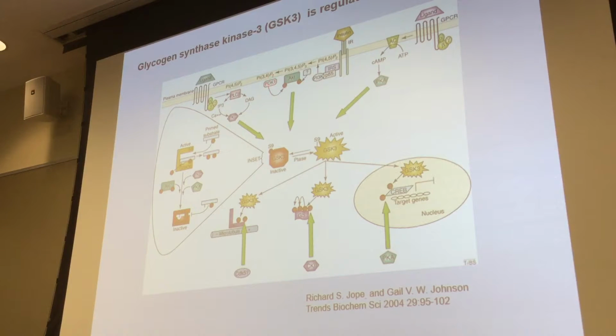And then it is the substrate for a lipid-dependent kinase that can then phosphorylate AKT. And when AKT gets phosphorylated, it becomes active. And it can either leave the membrane or stay on the membrane.